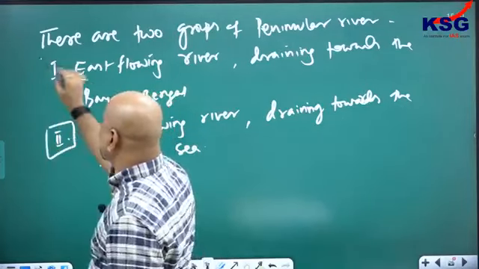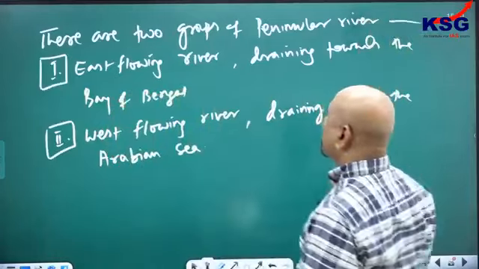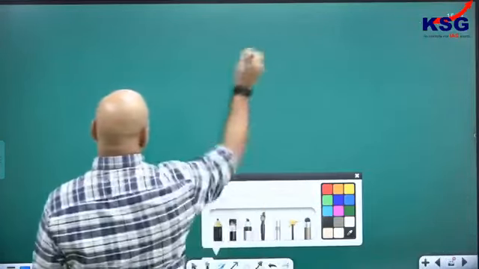Okay, east flowing and west flowing, two types of rivers you have. So let us see now about these river systems.